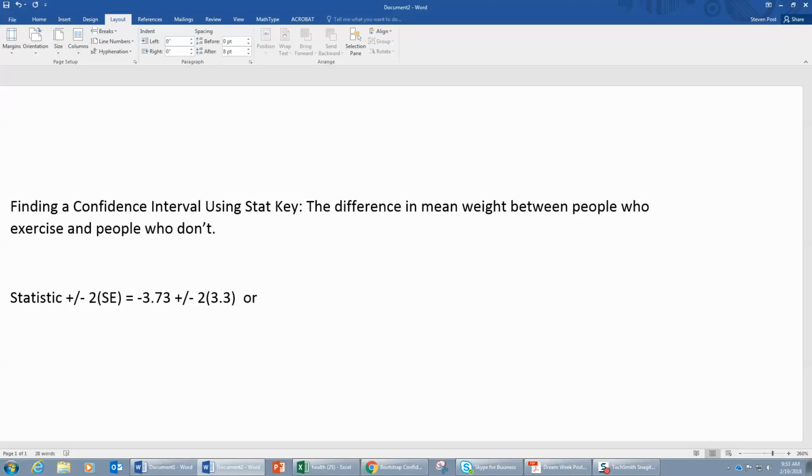Negative 3.73 minus 2 times 3.3 is negative 10.33. And negative 3.73 plus 2 times 3.3 is positive 2.87.